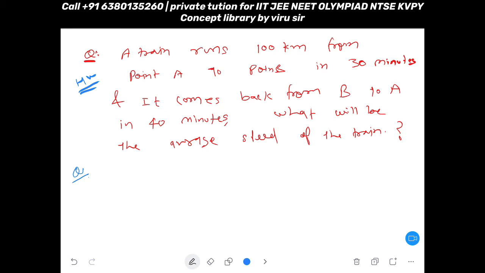Take one more homework question. Yes, what will be the average speed of the train for the complete journey?